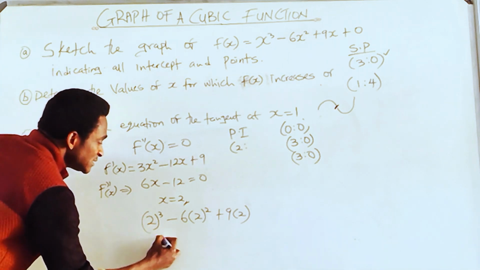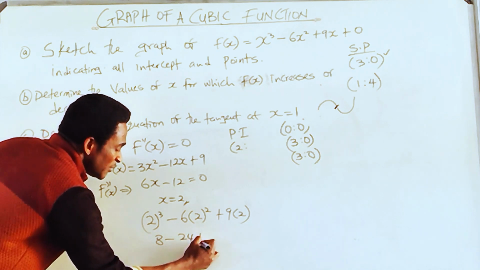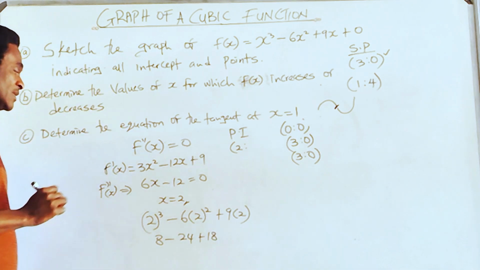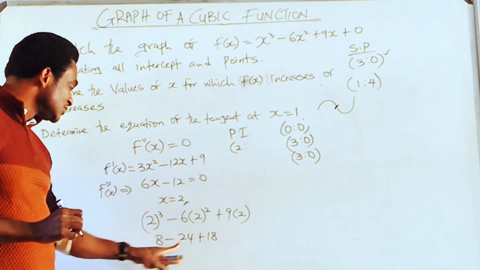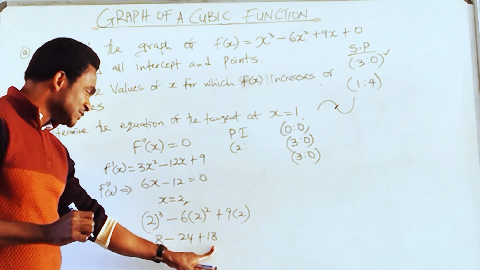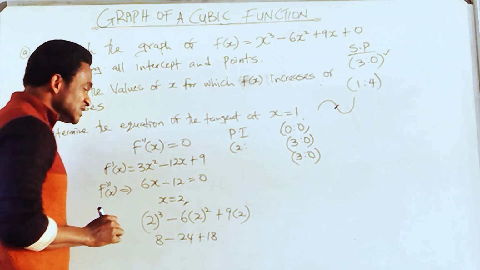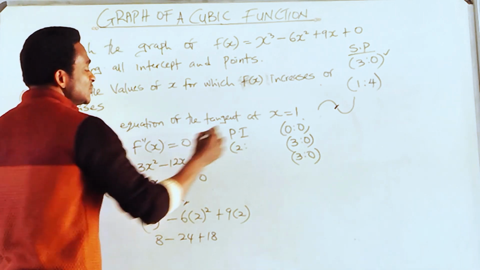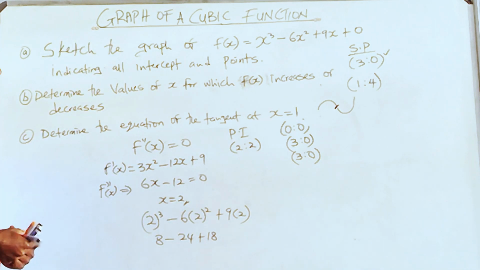So, this is 8 minus 6 times 4, which is 24, plus 18. 8 plus 18 is 26, minus 24. 26 minus 24 is 2. So we have our point of inflection as 2 and 2.